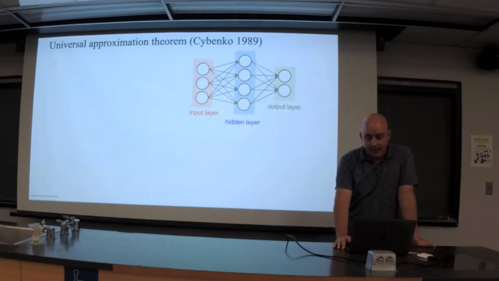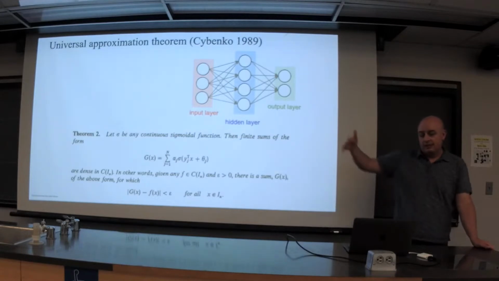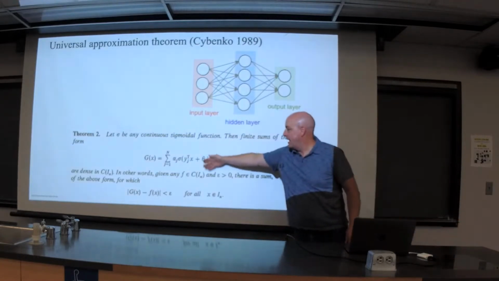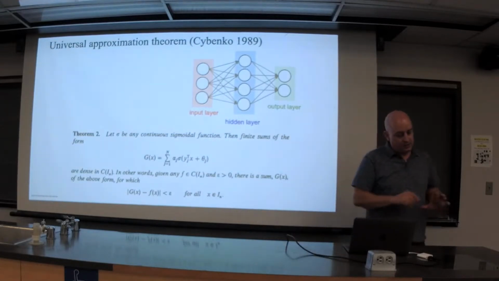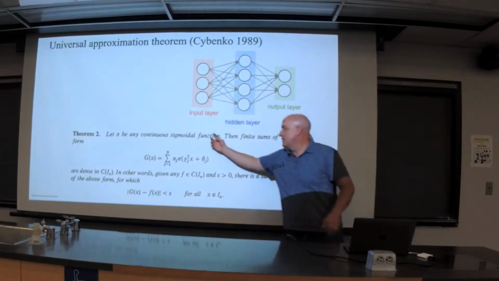So back in the 80s, there was this really interesting theorem that was proved. You can read it here, but basically it says, this is proved for sigmoid activation functions, but you can extend this to the family of continuous sigmoid functions.